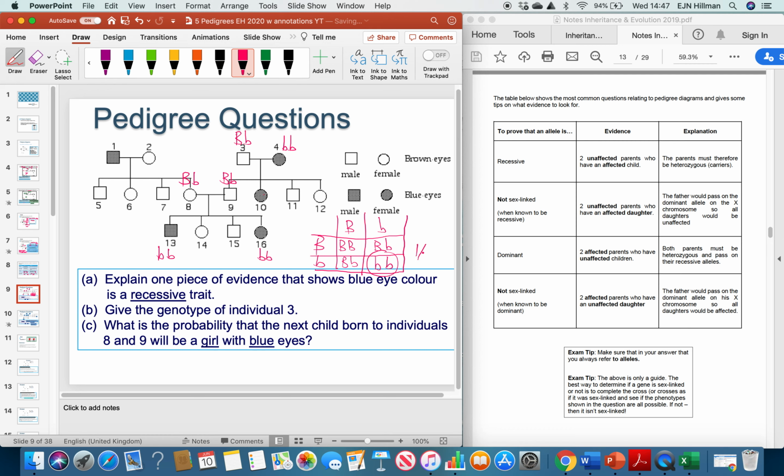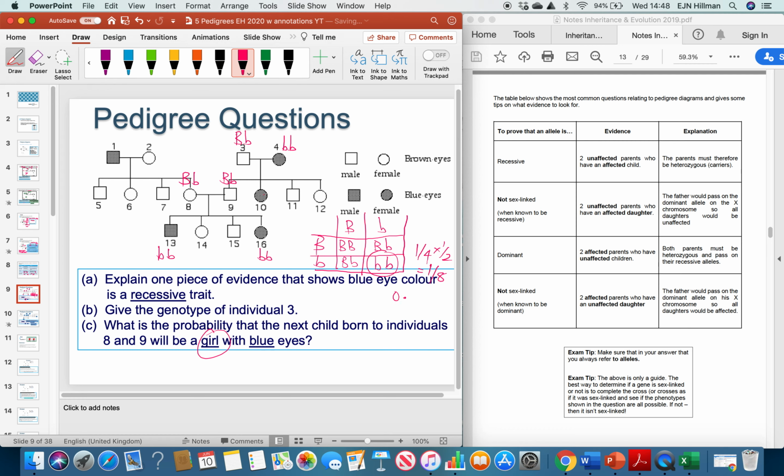So 1/4. Now it also says in the question, a girl with blue eyes. And we know that there is a 50-50 chance or a half chance of having a daughter. So 1/4 times a half equals 1/8.